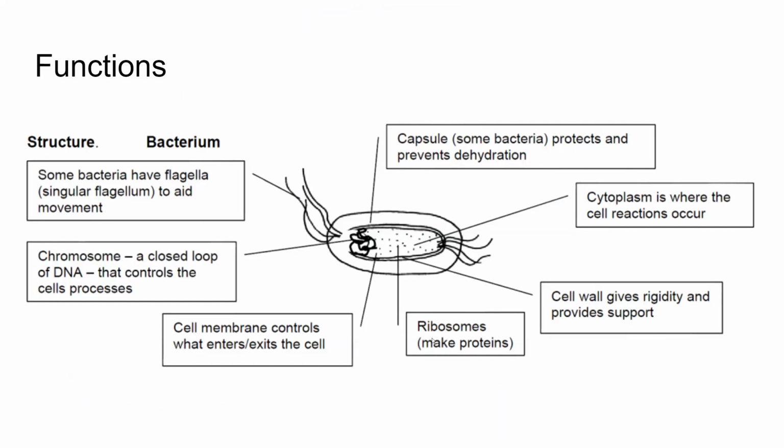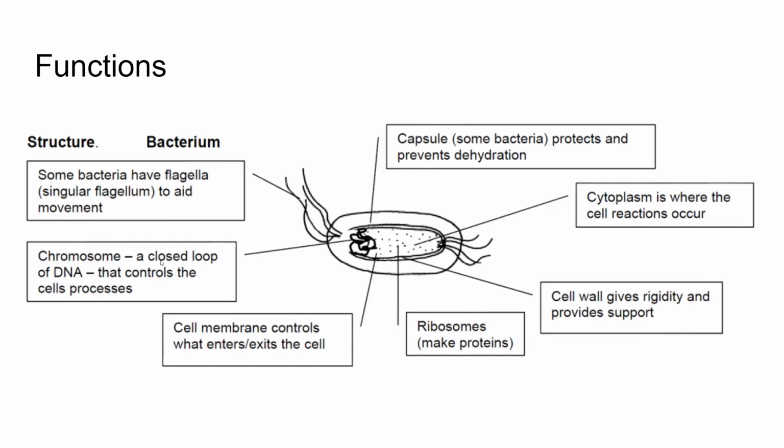Ribosomes make proteins. All of the parts of the bacteria are made by that DNA, and the ribosomes help to make those proteins. The cell membrane controls what enters and exits the cell, bringing in oxygen and water, etc., and expelling waste products.